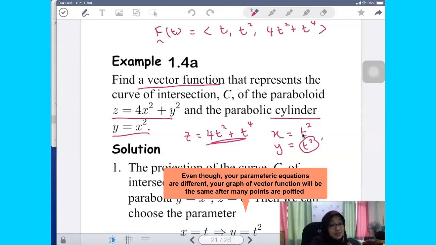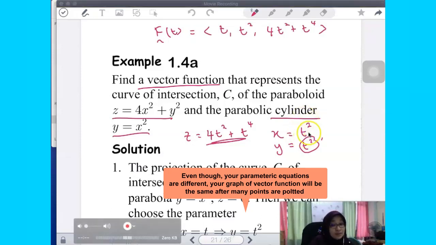Even though the parametric equations are different, when you plug in a specific t into the vector function, it depends on the t you choose, but you get the same graph, which is the curve of intersection.